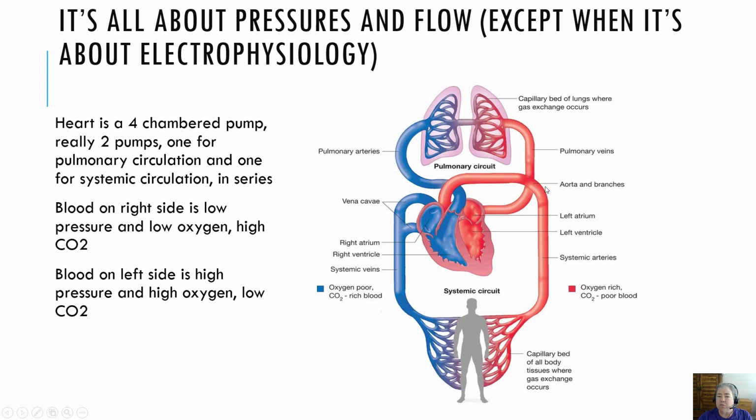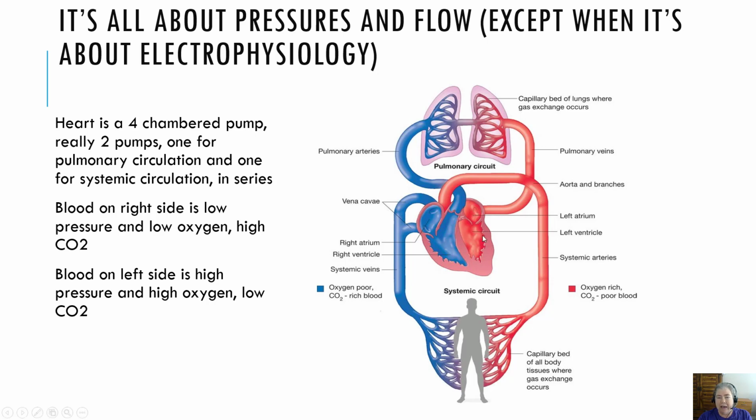It's still under relatively low pressure, but higher pressure in the left atrium than it was in the right atrium. And the left ventricle generates pretty high pressures in order to push that blood to create blood flow through the systemic vasculature, specifically into the aorta, up to the brain, to the tip of all of our limbs, through all of our organs, including the kidneys, which are really crucial.